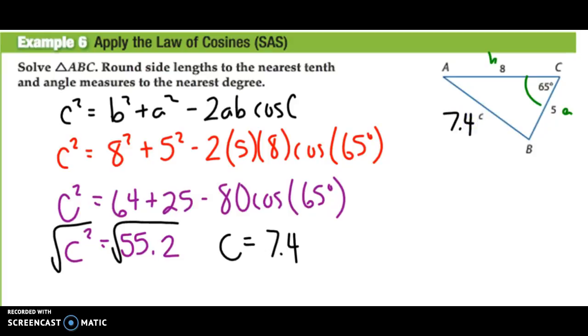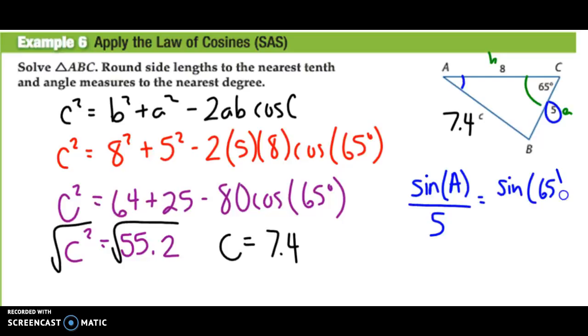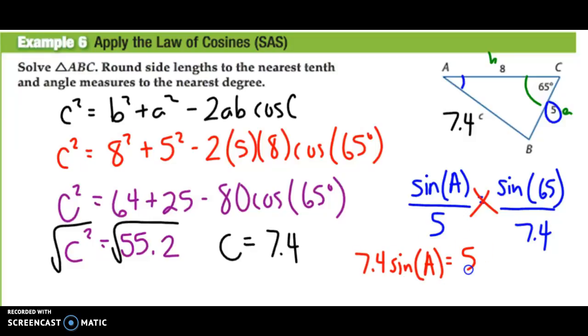Now I can use the law of sines, which like I said before is a little bit easier in my opinion, to find the missing angles. Let's find A first. We say sine of angle A over 5 is equal to sine of 65 over 7.4. We did this the other day. We cross multiply and divide. We get 7.4 sine of A is equal to 5 sine of 65.